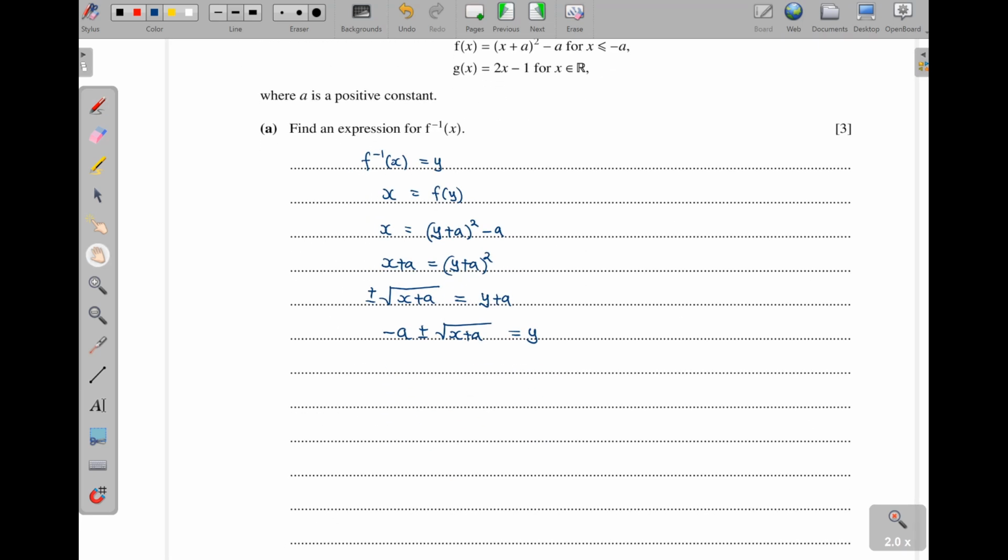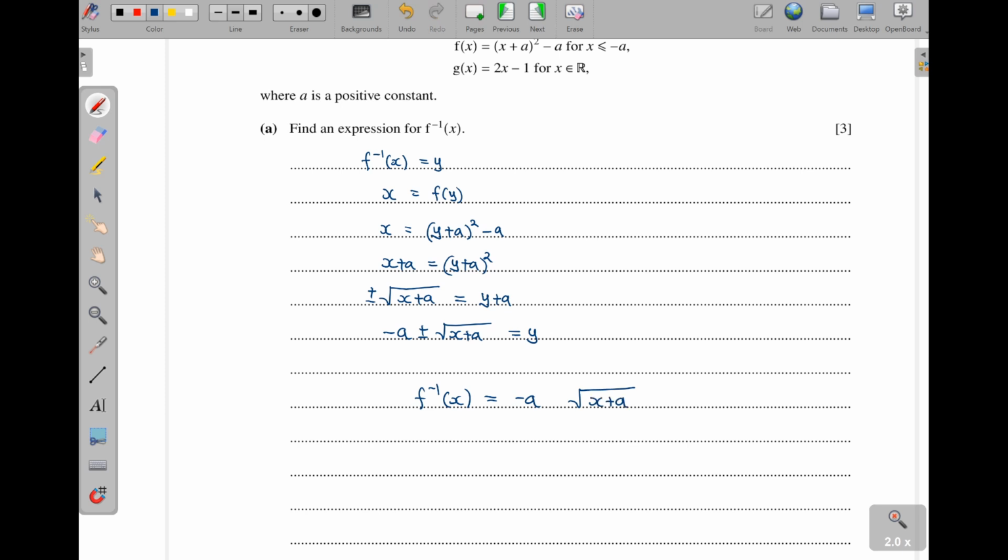Now, when I'm writing the inverse of the function, here it is going to be negative a. Then you are not supposed to put plus or minus. A function has an inverse if it is a one-to-one function, okay?